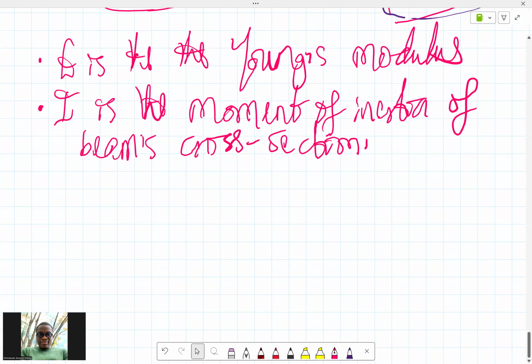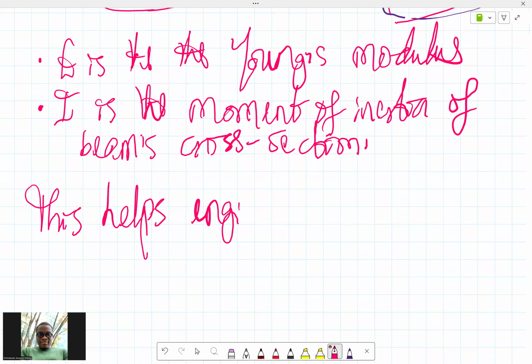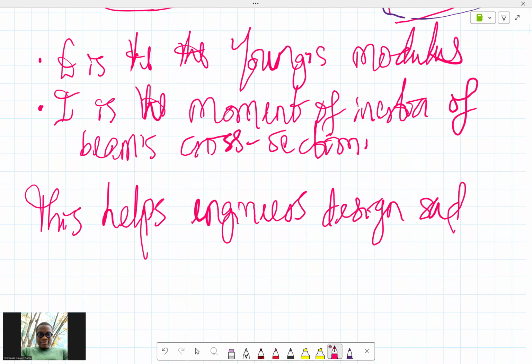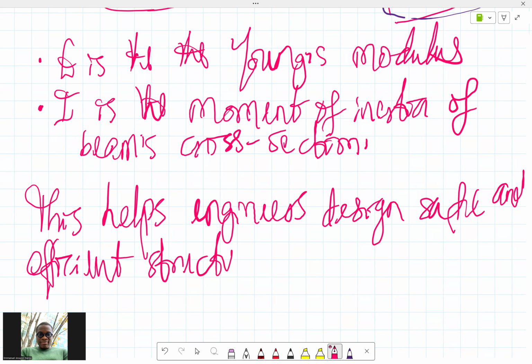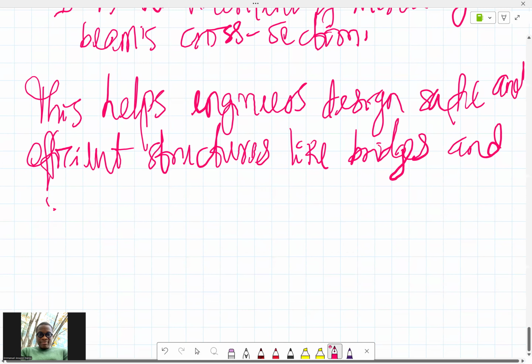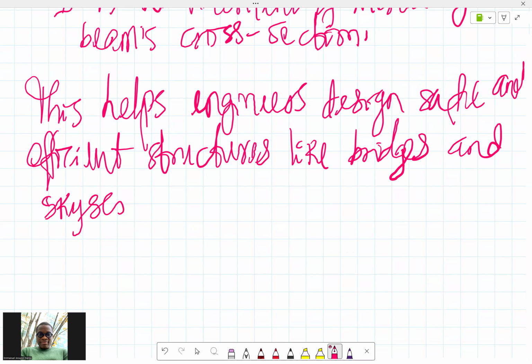That reluctance is captured in the moment of inertia in a beam. So this equation helps engineers design safe and efficient structures like bridges and skyscrapers. You have a lot of maths to thank for safety in buildings and skyscrapers.